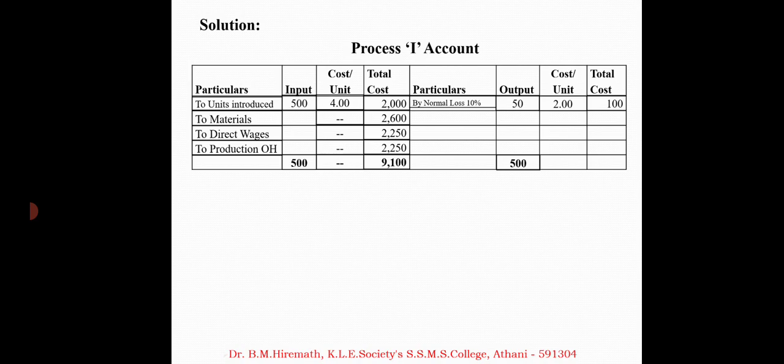The remaining 450 units are to be transferred to the next process, that is process 2 account, by transfer to process 2. 450 units, total amount is 9,000 and cost per unit is rupees 20. So 450 units at rupees 20 per unit is to be transferred to process 2 account.